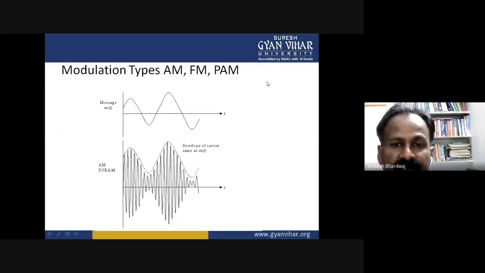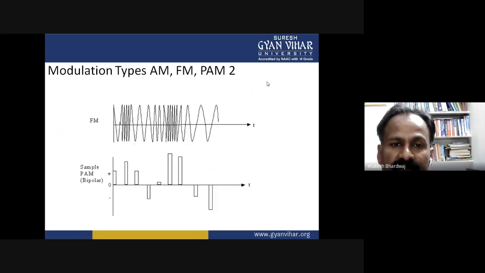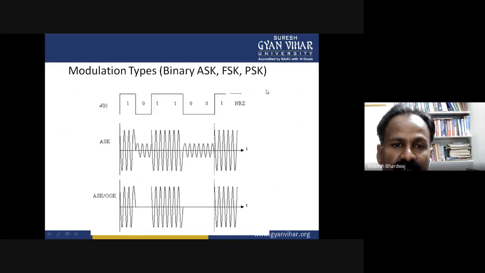Summary of modulation techniques. Modulation types: amplitude modulation, frequency modulation, and pulse amplitude modulation. So this is the diagrammatic representation. Modulation types AM, FM, PM. Again, this is the diagrammatic representation of frequency modulation. This is the modulation type, again the binary ASK, PSK, and FSK.